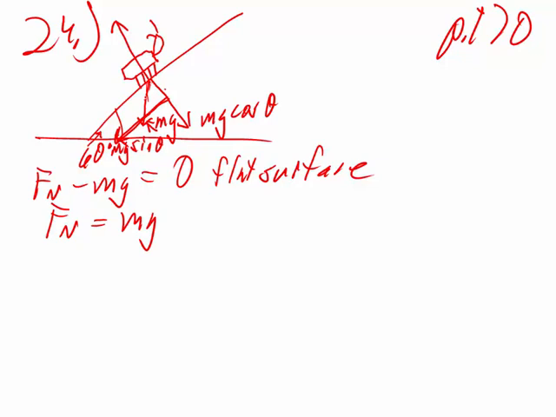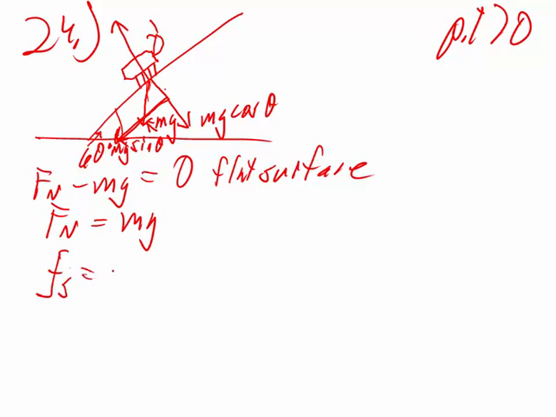Okay? So now you say, well, what is the static friction force? Well, we were not given a coefficient of static friction, but that's okay because it's not moving. The goat is not moving, okay? So then the static friction is equal to what?